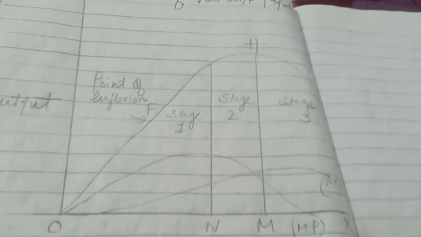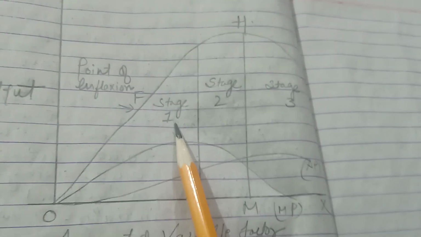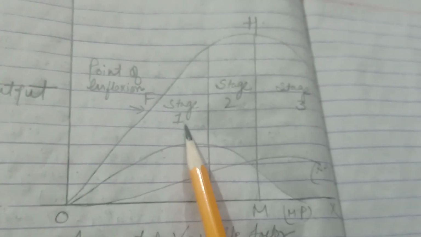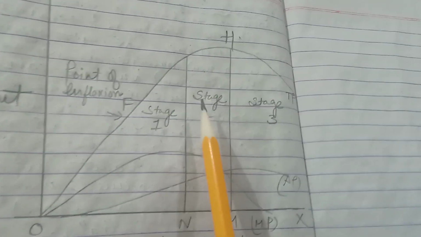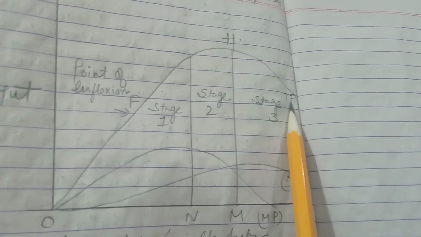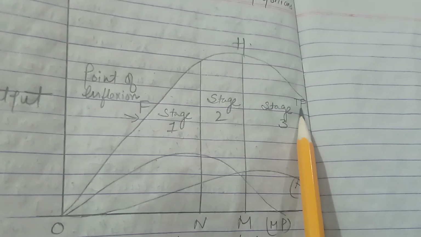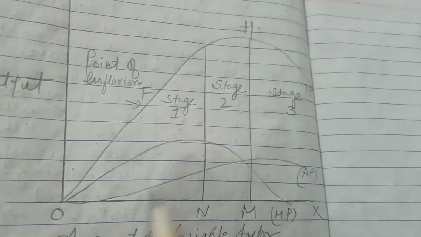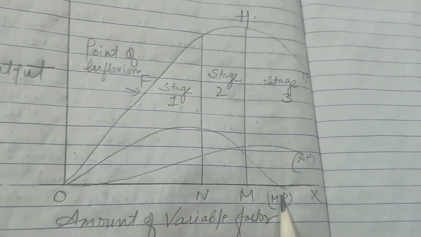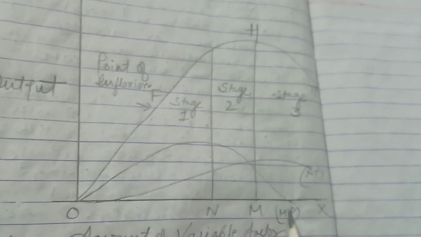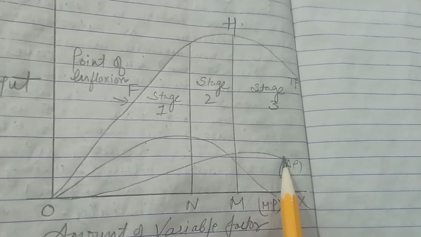Now, let's take the first one, stage 1. Here you can see that TP increases. MP, the marginal product, also rises in this stage. And AP goes on rising.